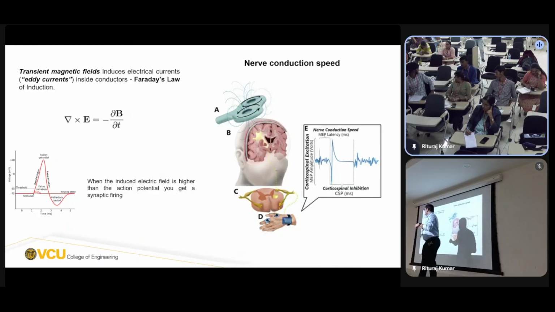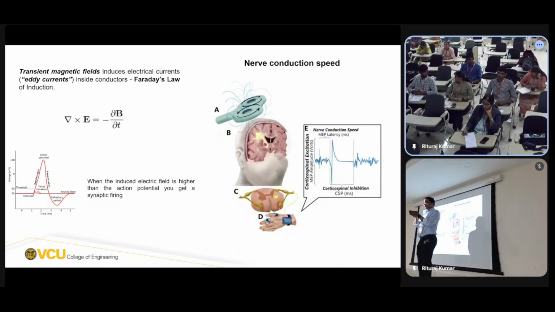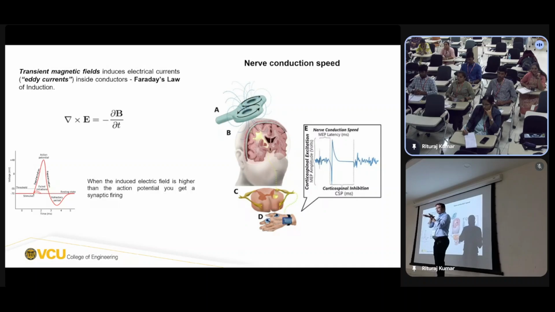The potential difference between the inside of the cell and the outside of the cell is minus 70 millivolts. That is the resting potential of the neuronal membrane. And it always stays like that, but if you decrease this potential to minus 55, then it starts to fire. So that is the threshold potential to make a neuron fire.